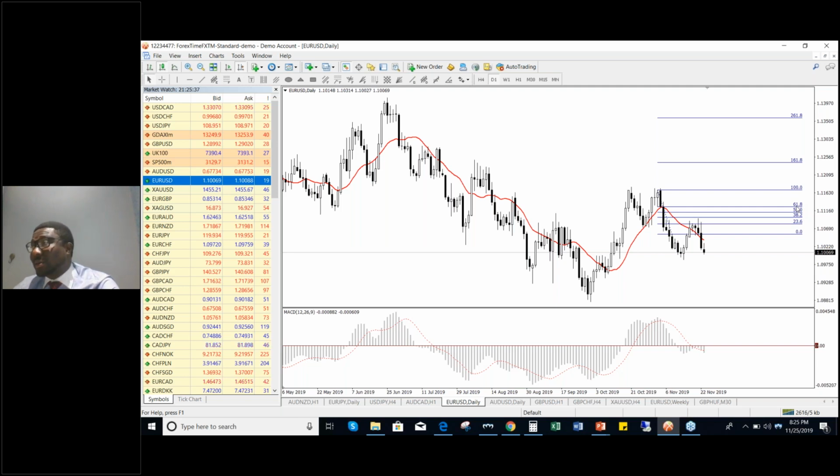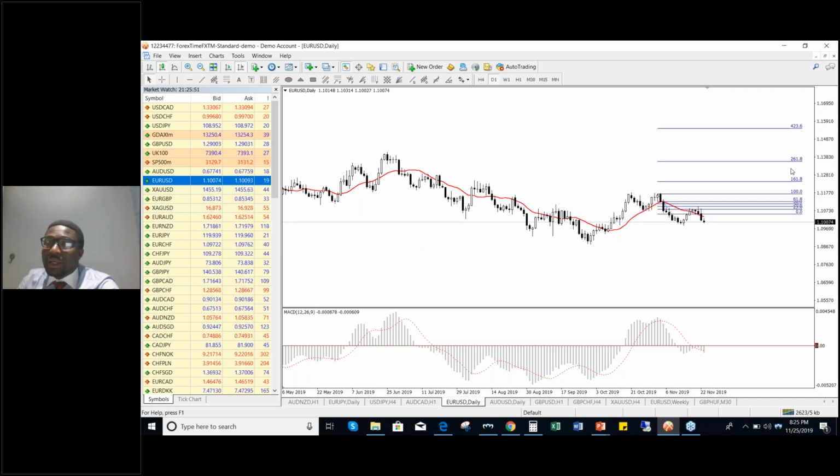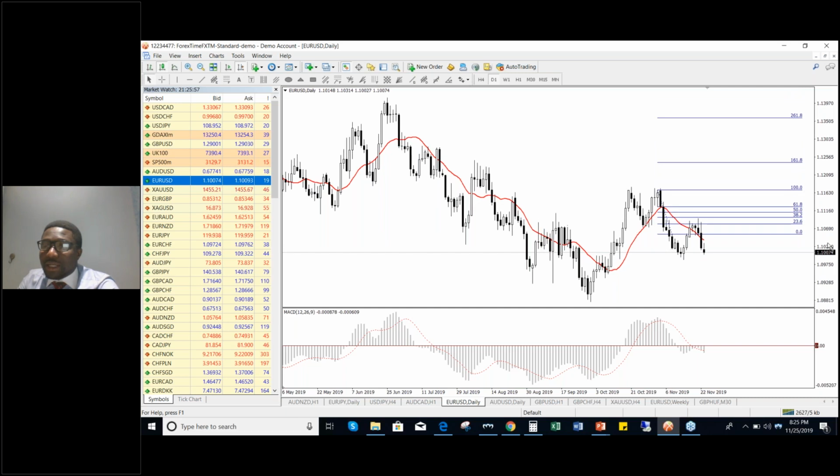Then we have the 100. Then I told you of the extensions. They are greater than 100. So we have 161.8 up here, 261.8 up there, and then 423 up here.